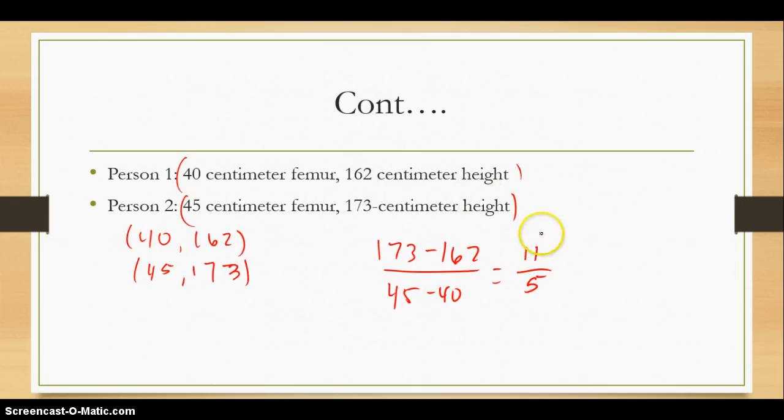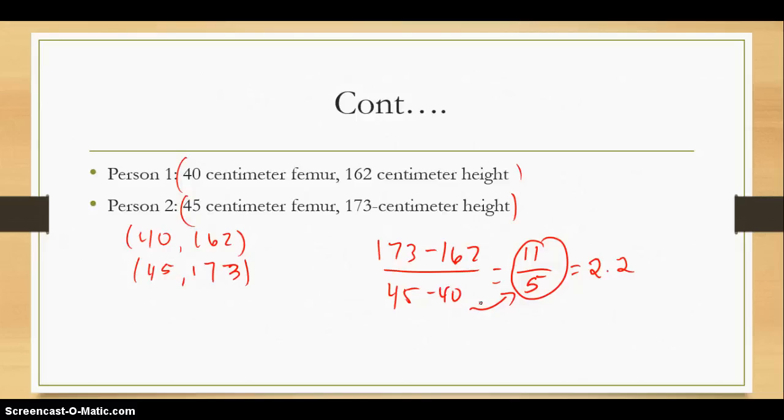So now to find the b, it may help you to turn this into a decimal. Sorry about that. That should be 2.2. Alright, so turn it into a decimal to find your b, and then when you rewrite it into slope-intercept form, you can turn that back into 11 over 5.